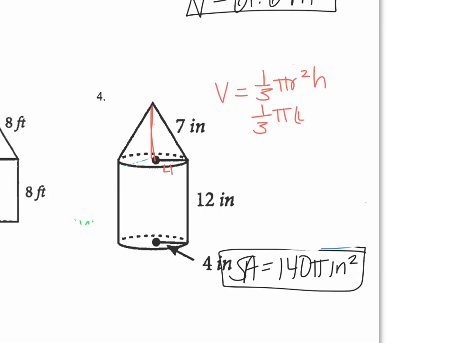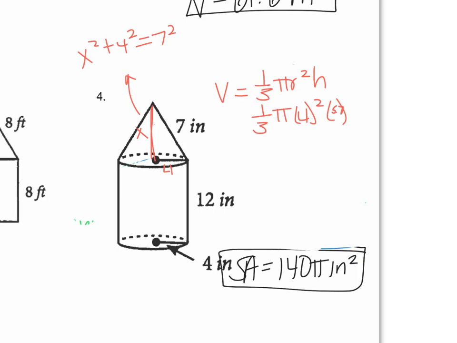I know my radius is 4, but I don't know my height. So I have to come over here and do some scratch work. X squared plus 4 squared equals 7 squared. So 49 minus 16. Well, it'd be helpful if I was typing it in the right blank. And then square root of 33. I get 5.7.